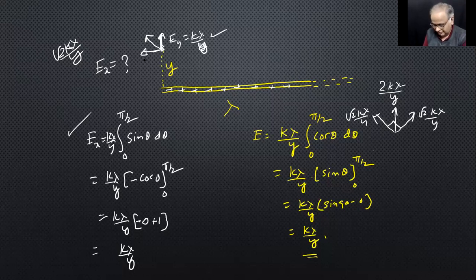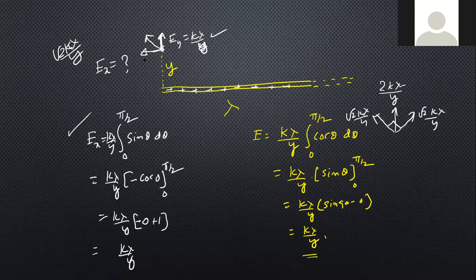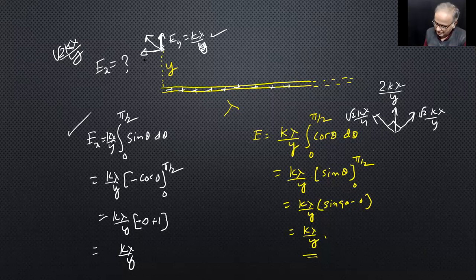Do you follow? Yes, the components there will all be at 90-degree angles. If we take the x components, there will be 90 degrees between the x and y components.